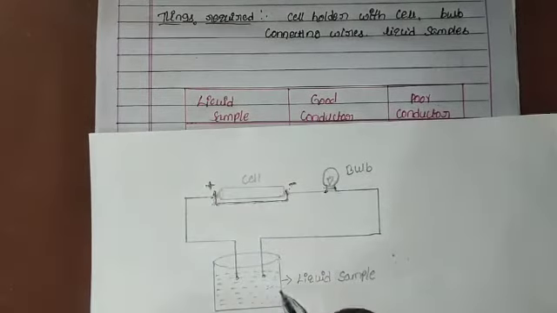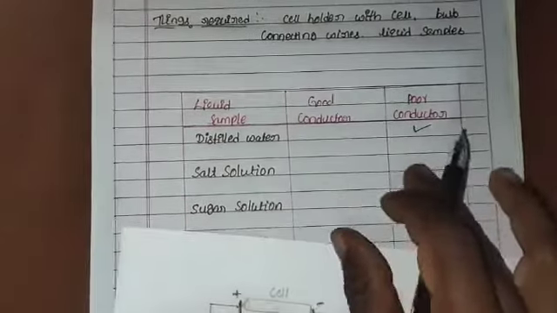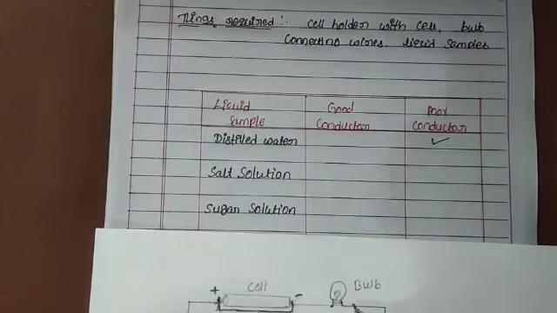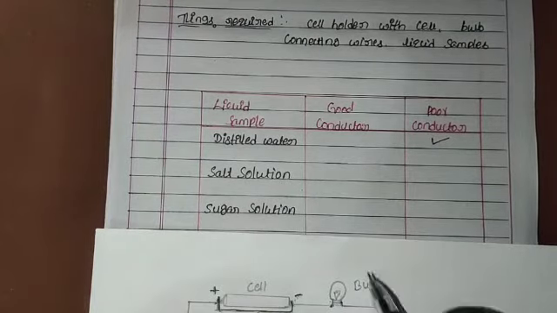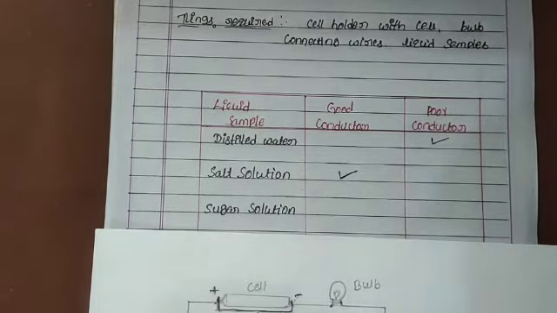Then we remove this liquid and take the next, salt solution, and check it. In salt solution, if the bulb glows, we conclude that salt solution is a good conductor. We mark it here like this.